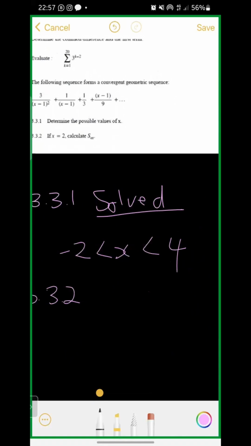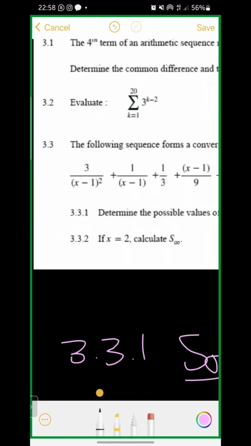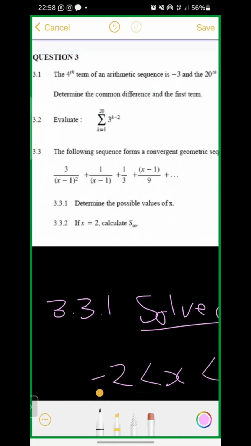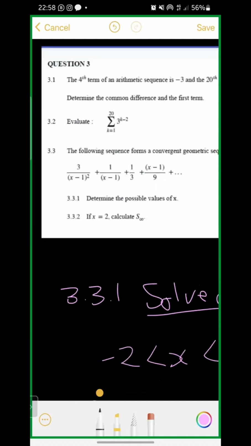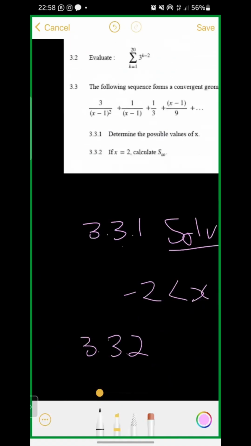This is one of those questions where, if you got 3.3.1 incorrect, you can still continue: x is equal to that, and just put in your x. So let's not be discouraged. Let's just try and push everything and maximize.